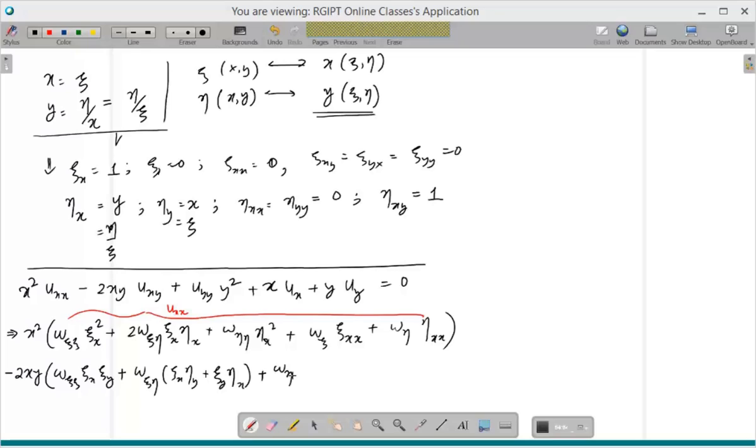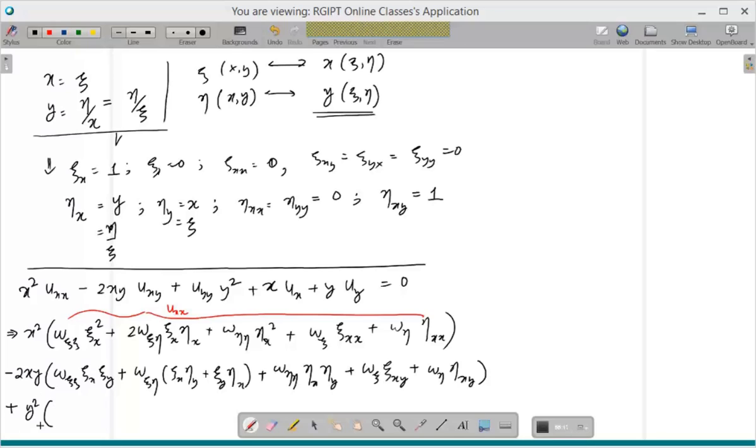That is where it becomes tedious, that's all. After all this algebra, you get a much simpler form. That is the beauty of this. All this effort is worthwhile because in the end you get a much simpler form.